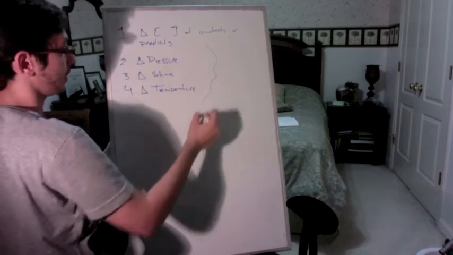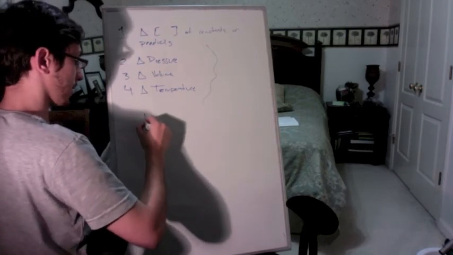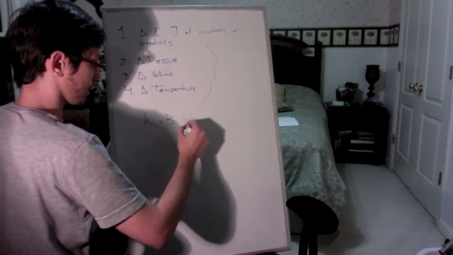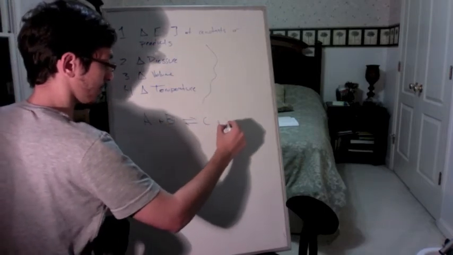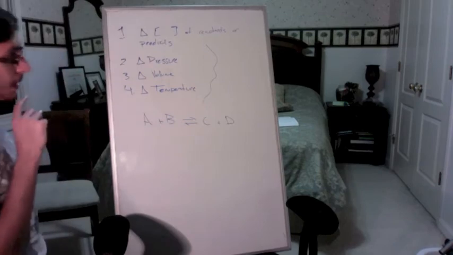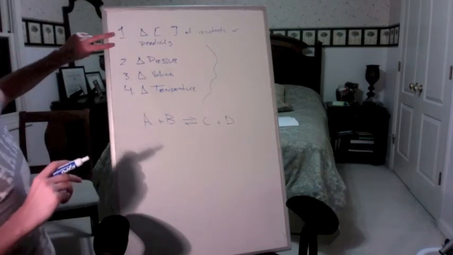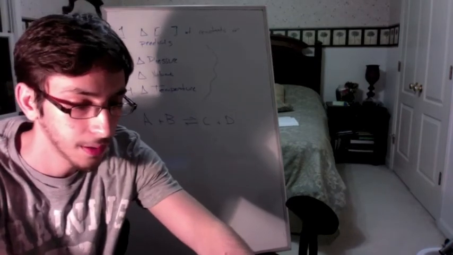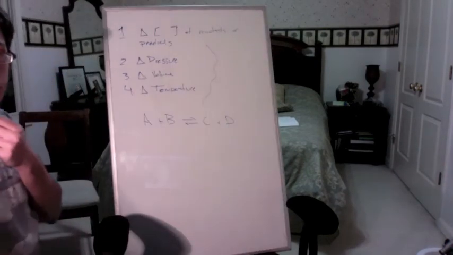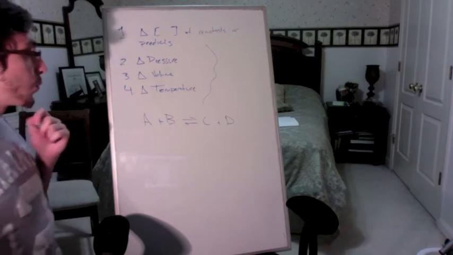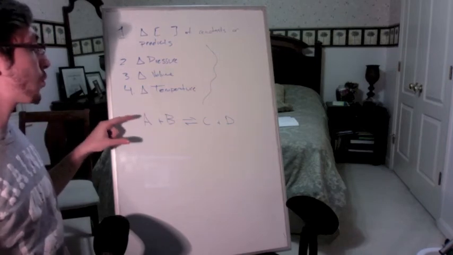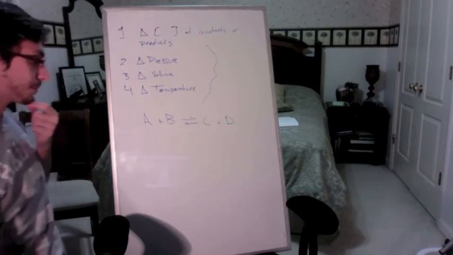Again, let's look at our equation. A plus B goes to C plus D. And again, Le Chatelier's principle, as I was talking about earlier, we're looking at the equilibrium, or reactions already at equilibrium.